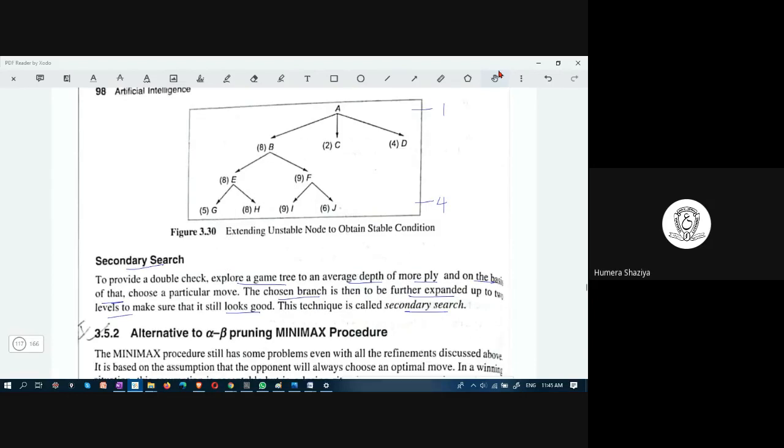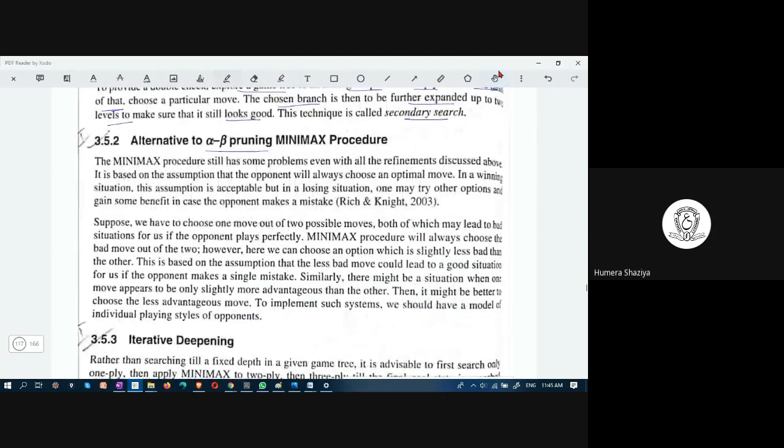An alternative to alpha beta pruning minimax procedure: sometimes minimax procedure has some problems even with all the refinements. So minimax procedure will always choose the bad move out of the two. And here we choose an option which is slightly less bad than the other.